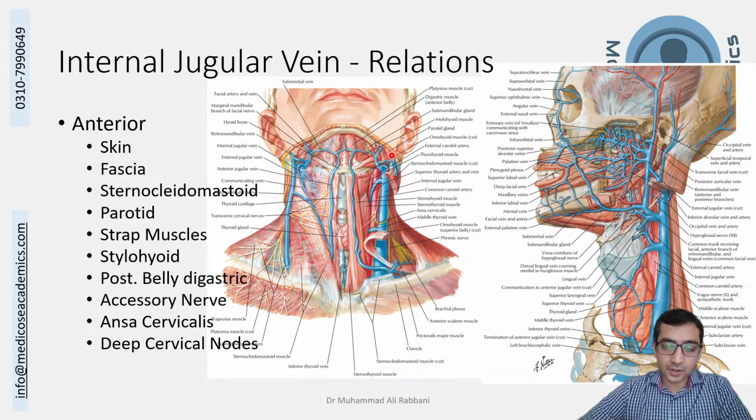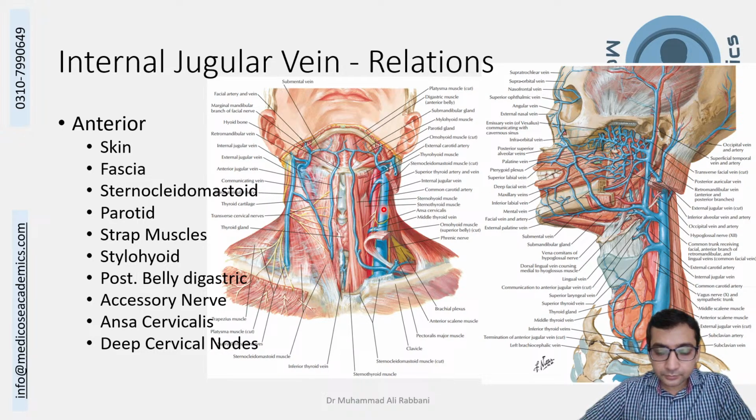It is behind the styloid, behind the posterior belly of digastric, behind the angle of mandible, behind the parotid region. So all of these structures are related to it anteriorly. This includes styloid, posterior belly of digastric, and parotid gland.